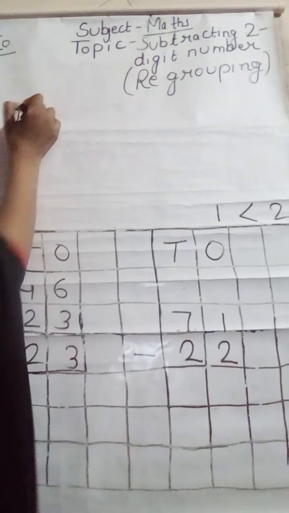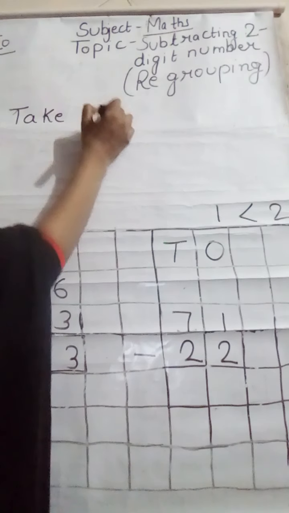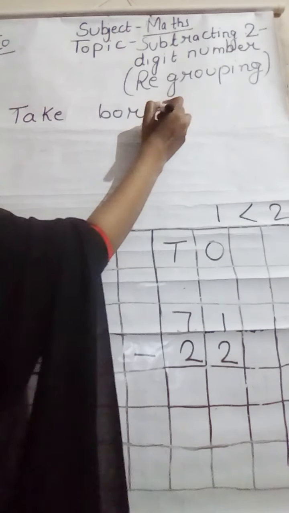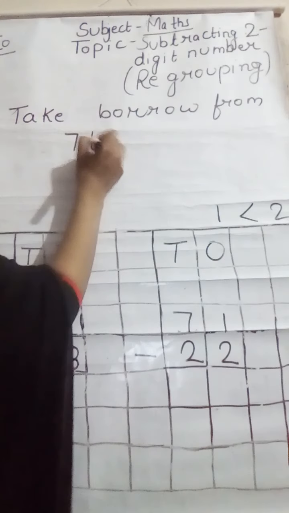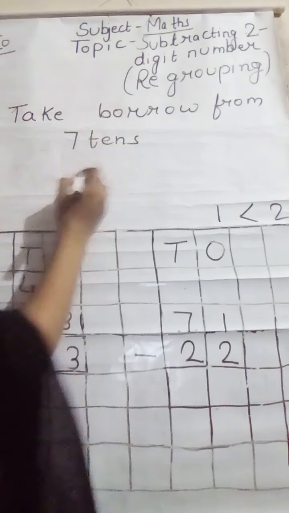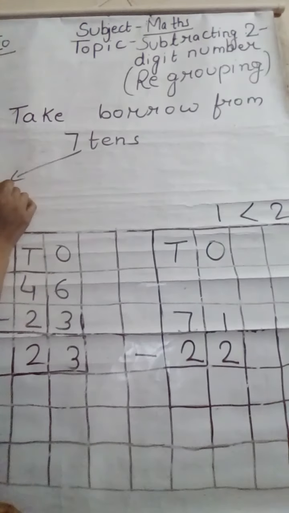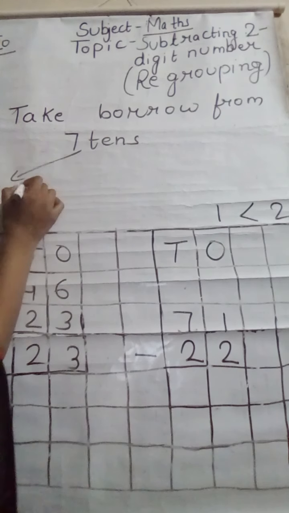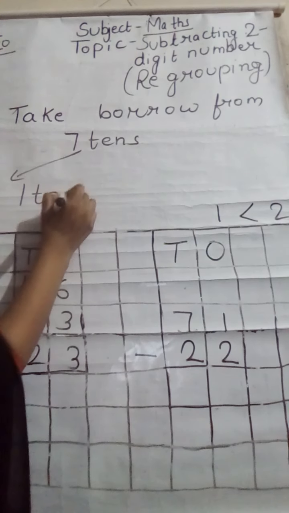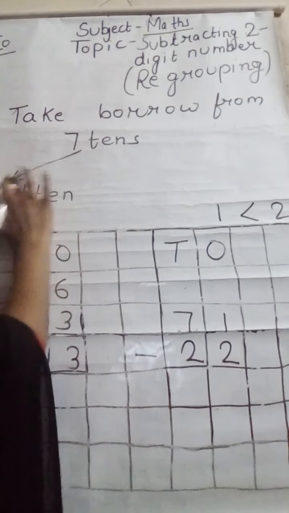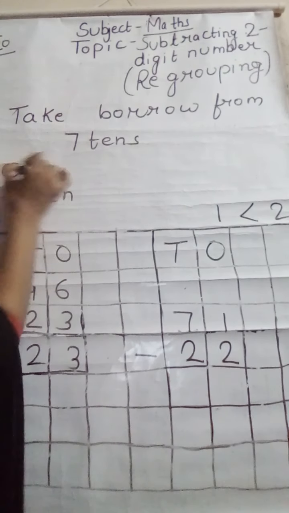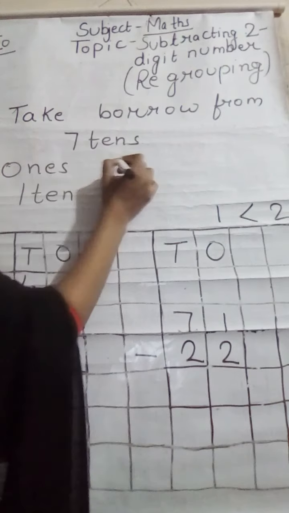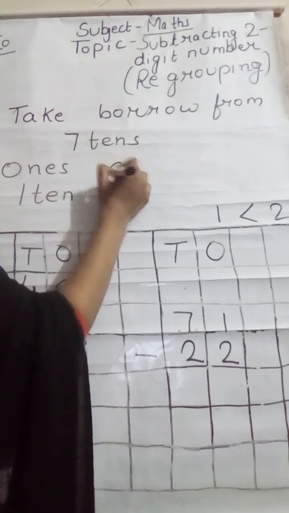Children, take our borrow from 7 tens, that means here 1 ten, and the ones column.